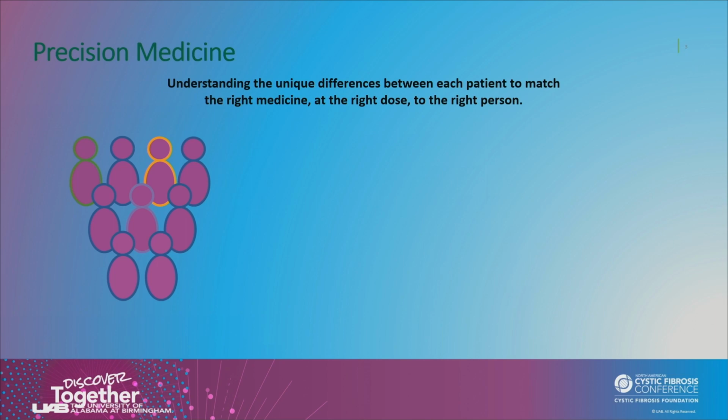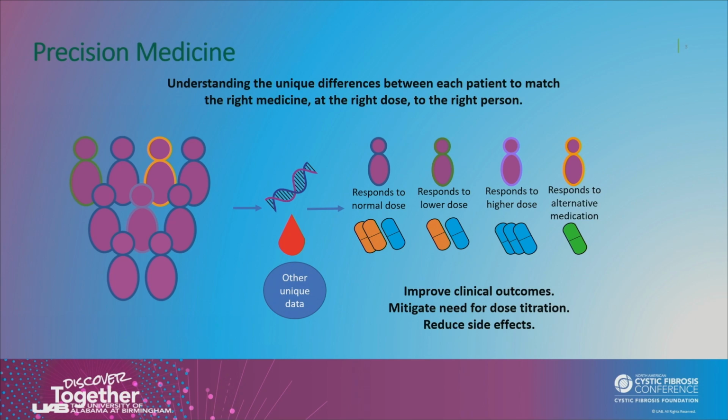To illustrate this point, you can see on the left side of the screen your population, where people have a lot of similarities and are very similar to each other. But there are individuals that have specific characteristics that are different and set them apart. Armed with additional information such as genetic data, so of course your CFTR genotype, maybe pharmacogenomics information, and biospecimen data such as plasma concentrations of drugs, and other unique data as well, then you can link to a specific dose for each patient.